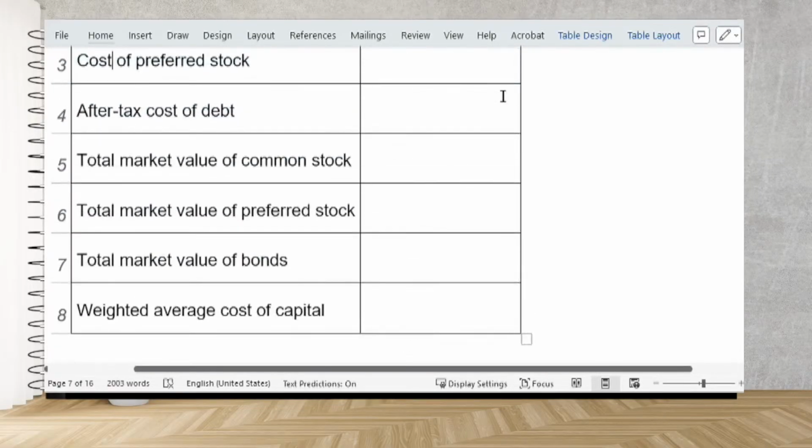Market value of preferred stock. Okay, so what is the market value of the preferred stock?